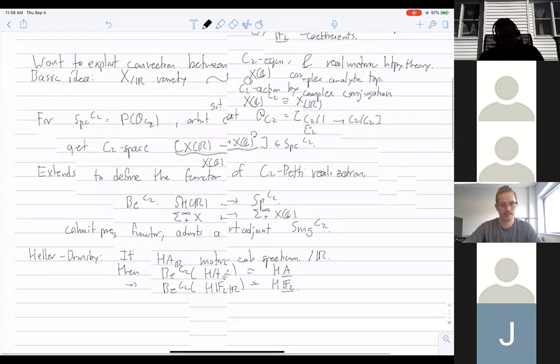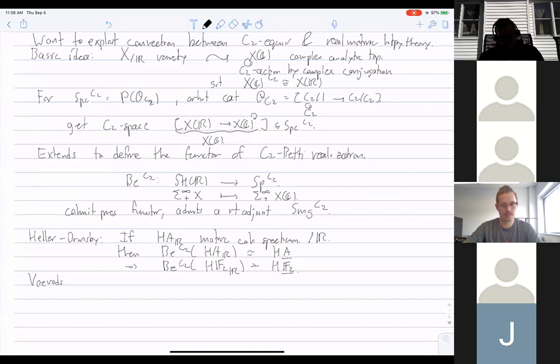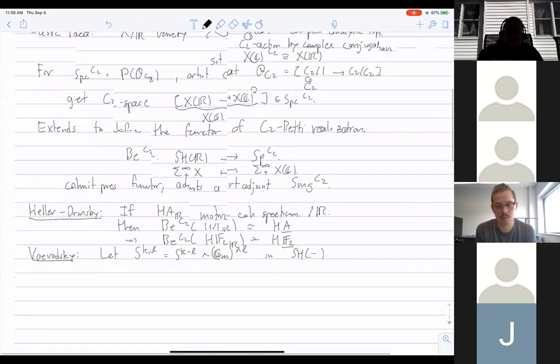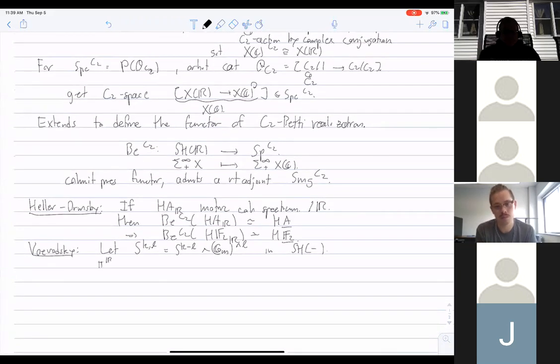Now, let's couple that with a result of Voevodsky. So let me let S^{K,L} be S^{K-L} smash G_m^{smash L}, generically denote the bigraded motivic spheres in SH of a scheme. So pi^R_{star,star} of HF2 makes sense.